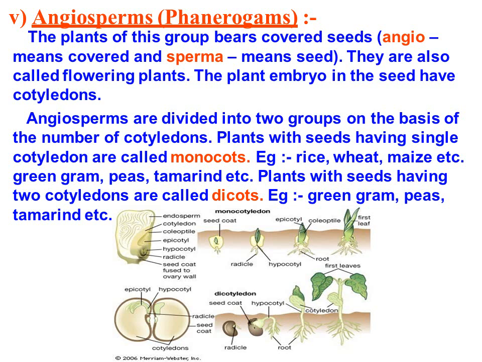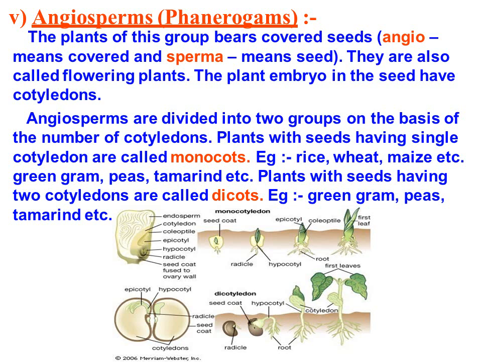So mono means single and di means two. Okay, so I have two cotyledons. Examples are green gram, peas, tamarind. Okay, so the three are the examples of dicot seed. And monocot seed, example rice, wheat and maize.